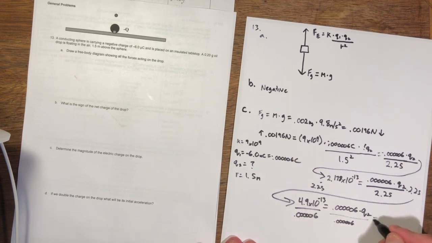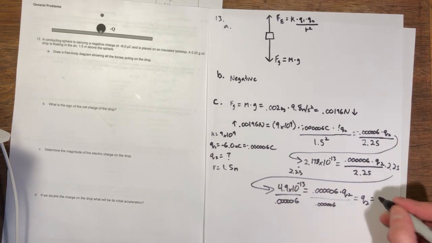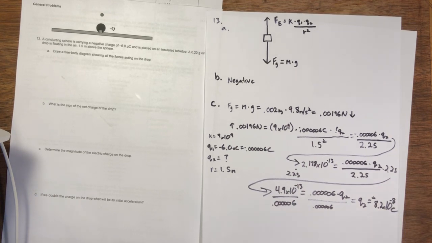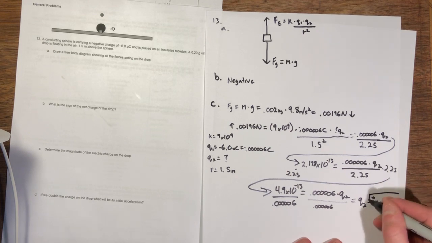So we should end up getting Q2 is equal to, what is that, negative? Yeah, negative 8.2 times 10 to the negative 8th coulombs. That's going to be C.